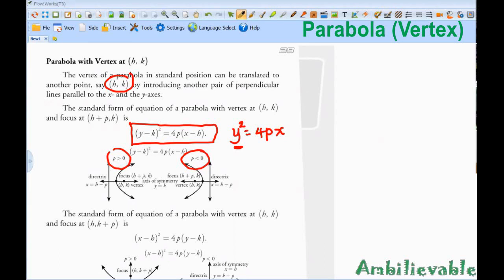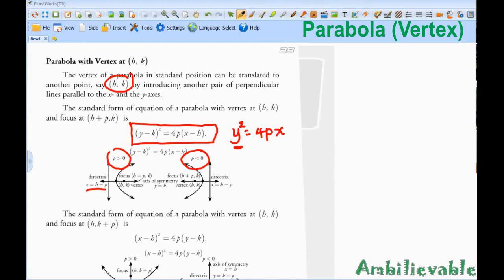So look at the focus. The formula for the focus is (h plus p, k). Right? Look at the focus. And the directrix is the opposite, x equals h minus p.